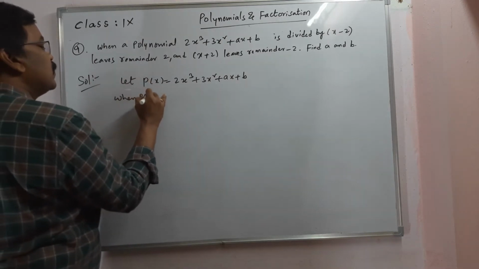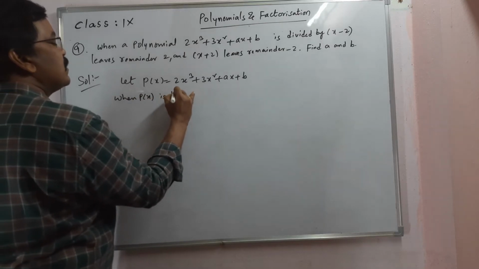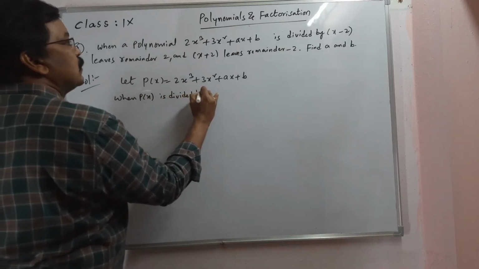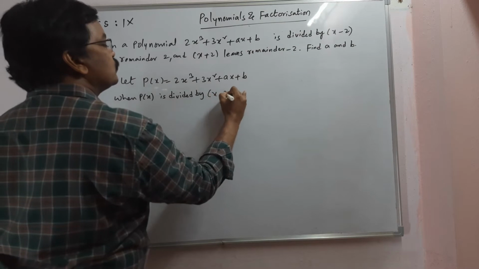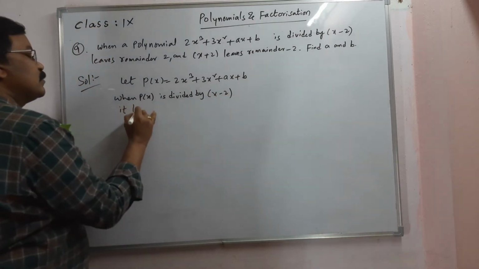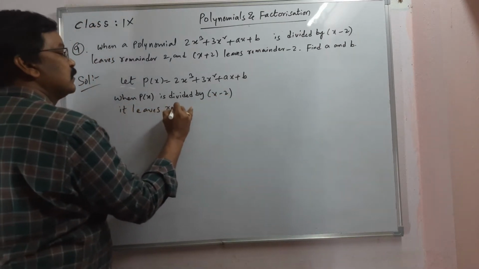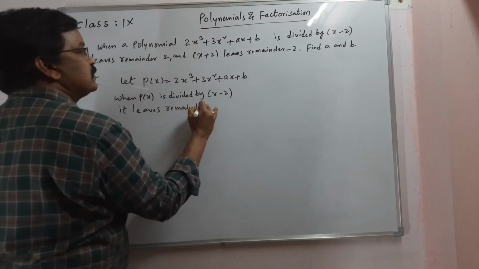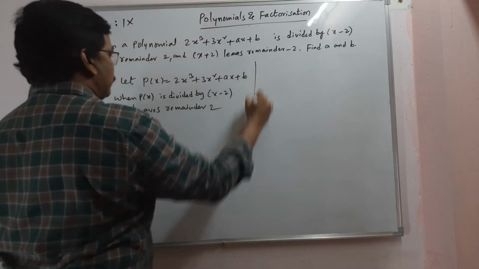When p of x is divided by x minus 2, it leaves the remainder plus 2.